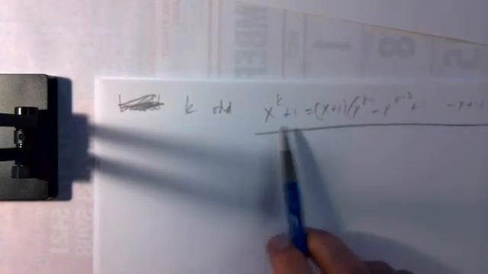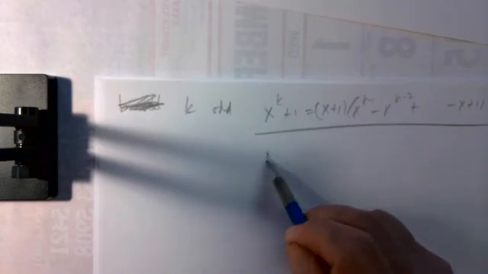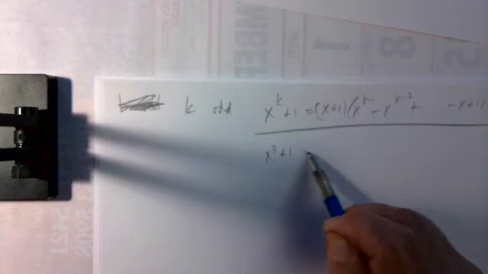So this is just a factorization formula, right? Just like, in the simplest case, x cubed plus 1, when k is 3, this is (x plus 1)(x squared minus x plus 1), right?